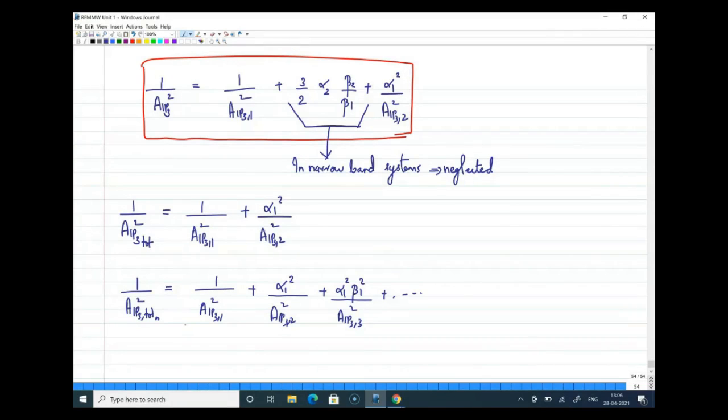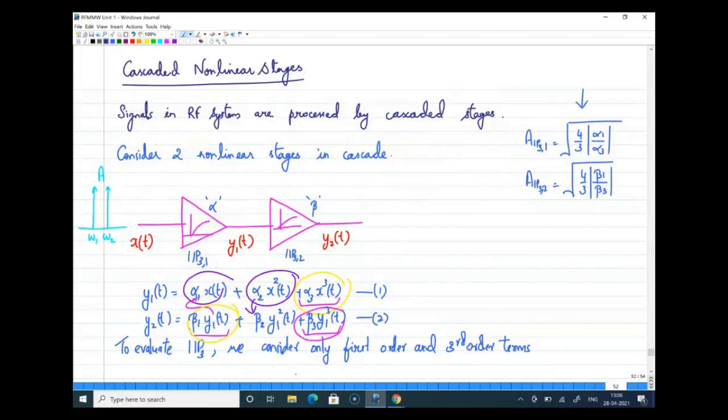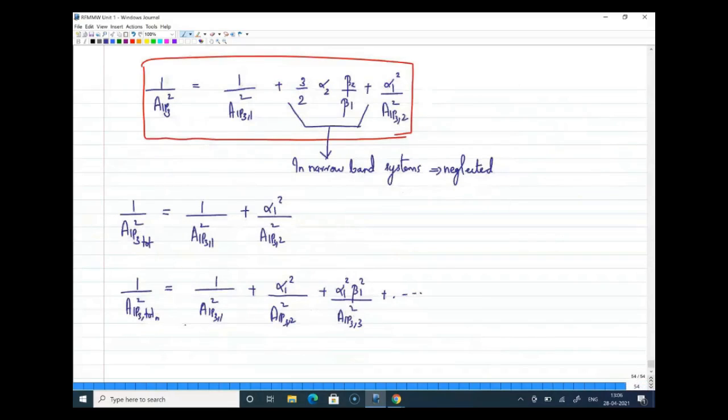Okay. So now, if this is clear, we will see the spectrum. What we have done now is we have written the equations. Now let us see what will happen to the components at the output of the first and second stage, and how we can neglect the second term, which I said can be neglected in narrowband systems.